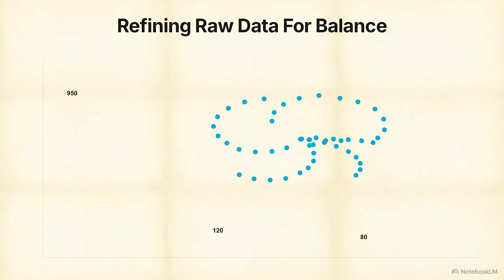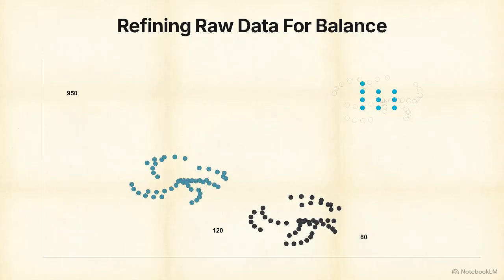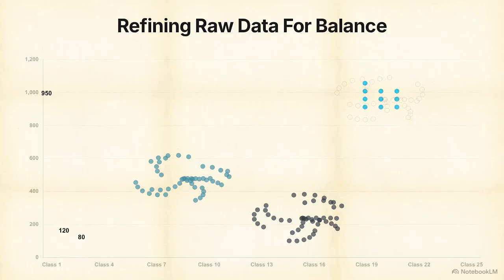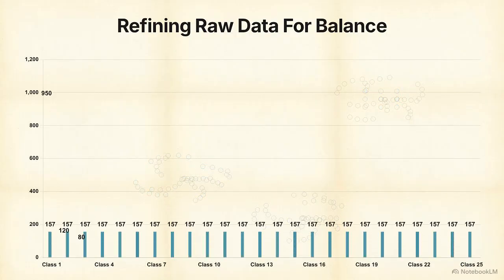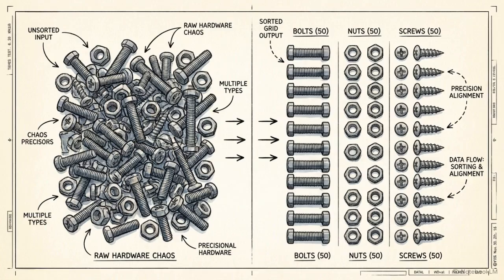Finally, k-means clustering is applied. The algorithm targets the densest areas, identifying and pruning the redundant, near-duplicate frames from the dataset. This balancing ensures that the YOLOv8 Nano model trains on a representative distribution across all 25 classes. Raw data volume is a liability if it remains unbalanced. Rigorous feature clustering transforms random images into a highly optimized training foundation.